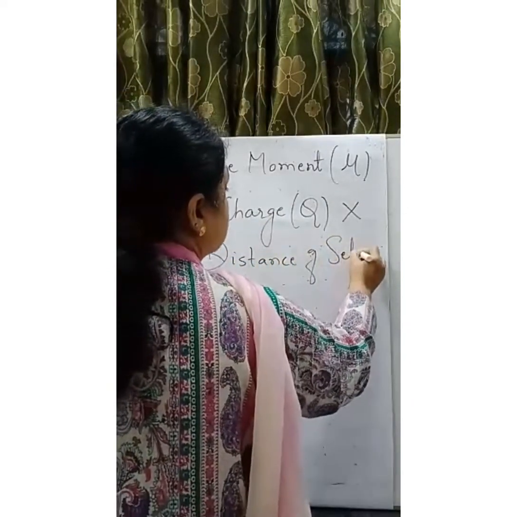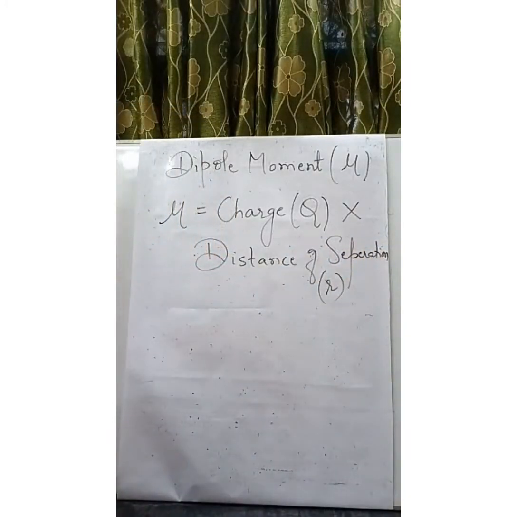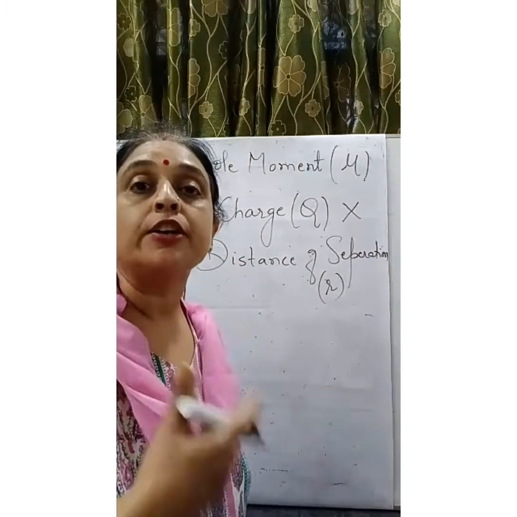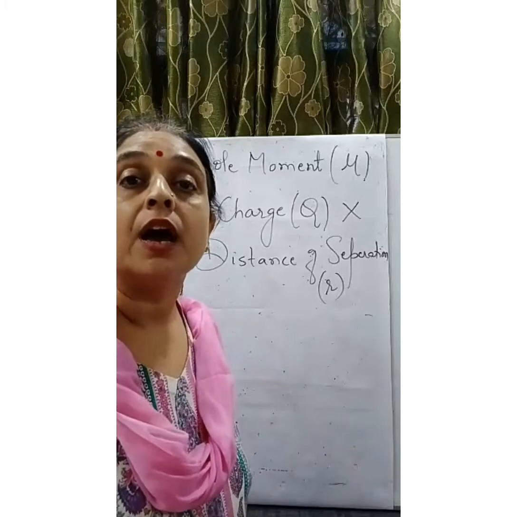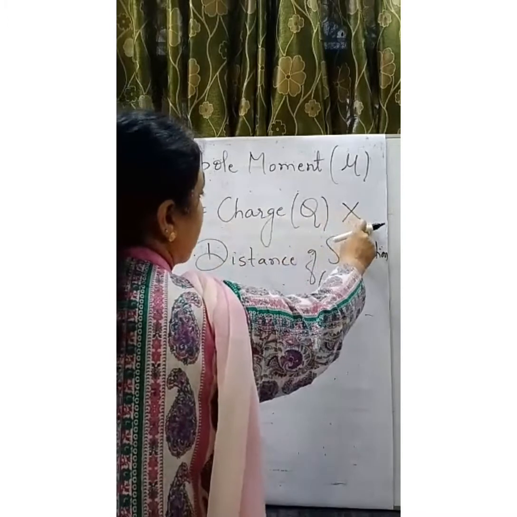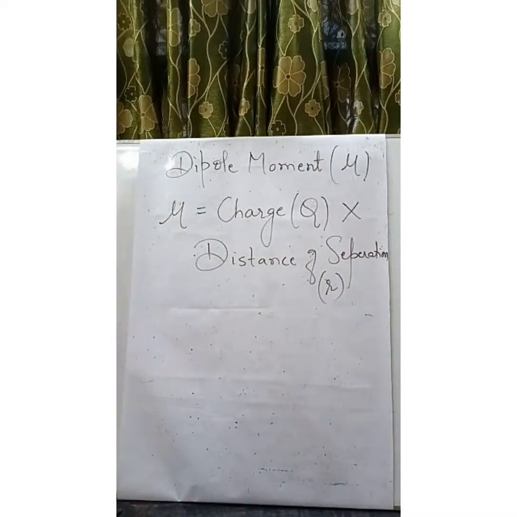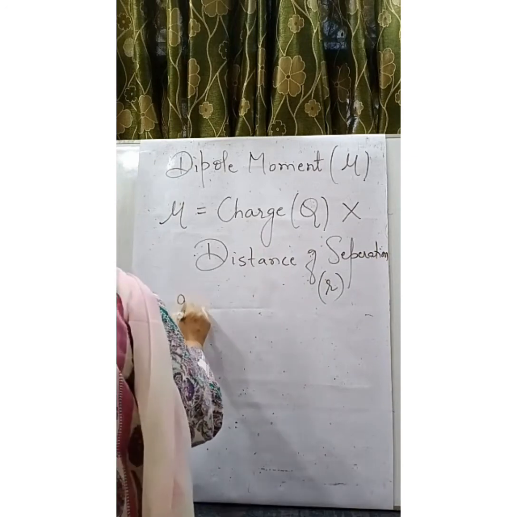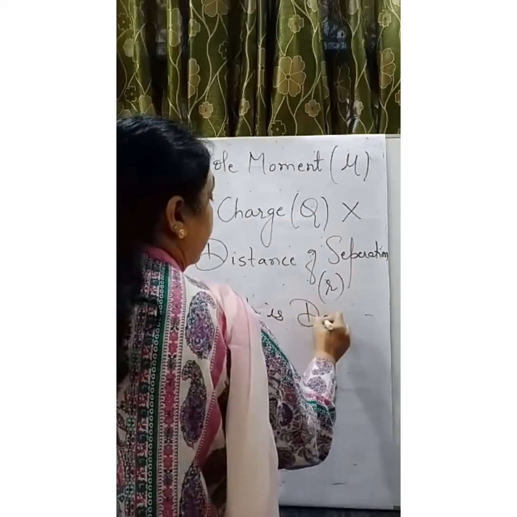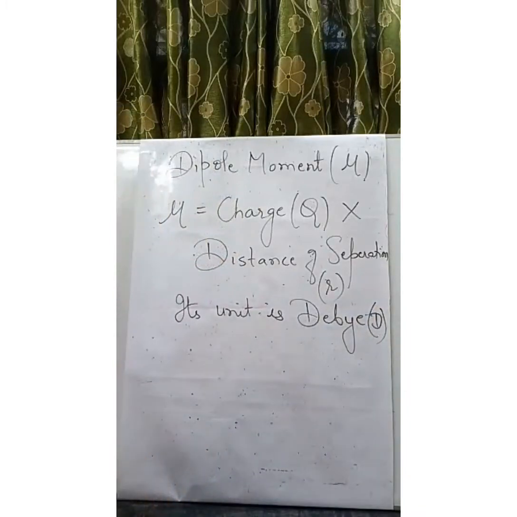Distance of separation, let it be R. So basically dipole moment is the measure of electronegativity difference between the atoms. So mu is the product of charge on either atom and the distance of separation of the bonded nuclei. Its unit is debye, which is denoted by capital D.